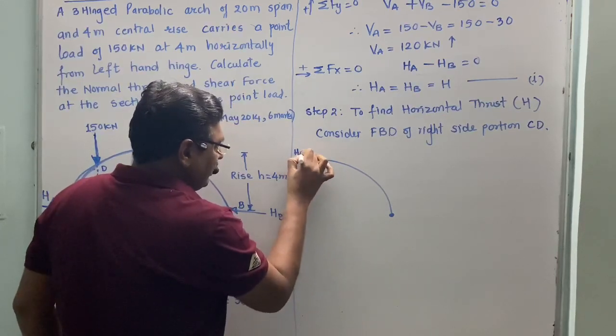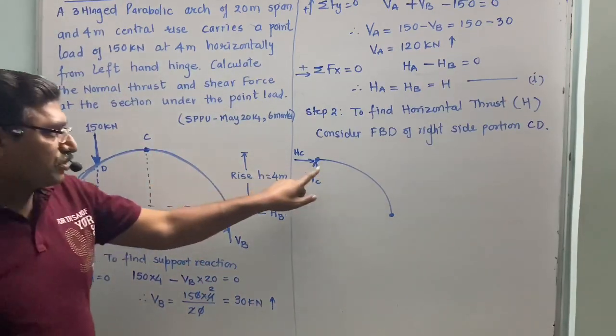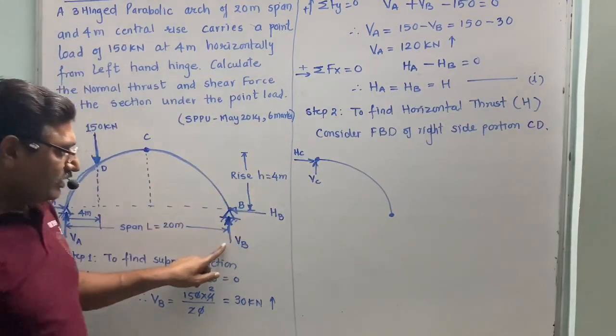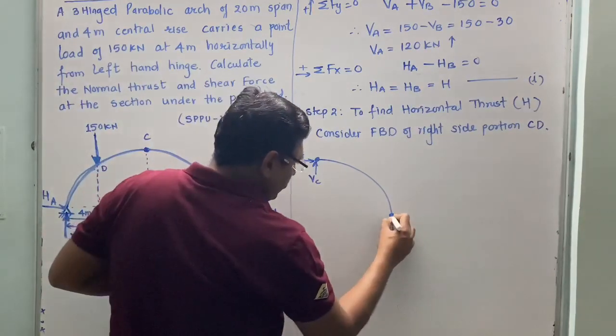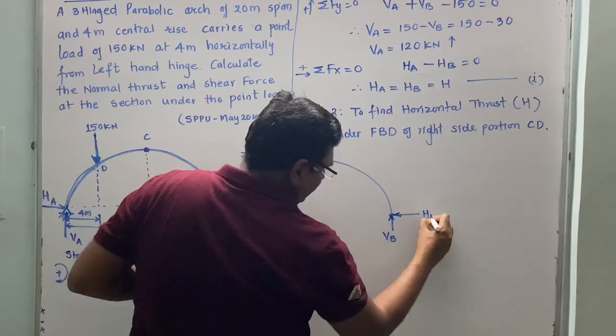In the FBD of this CB, this is my C, at which there is HC and VC. This is the internal hinge. A hinge has two reactions, horizontal and vertical, and this is already our external hinge support with VB and HB.